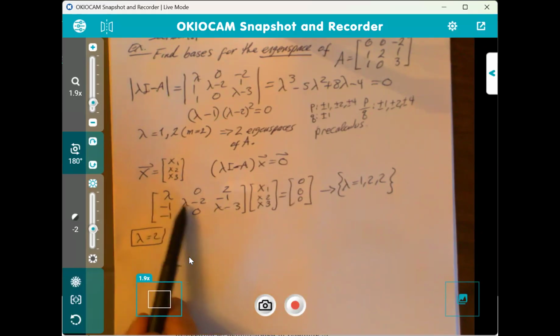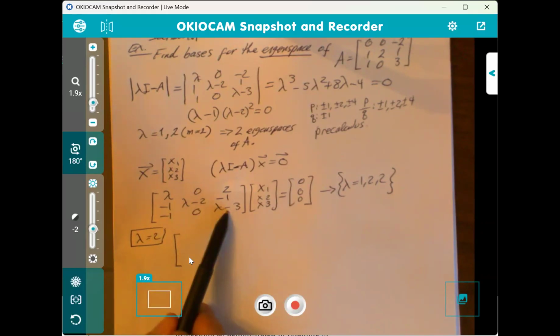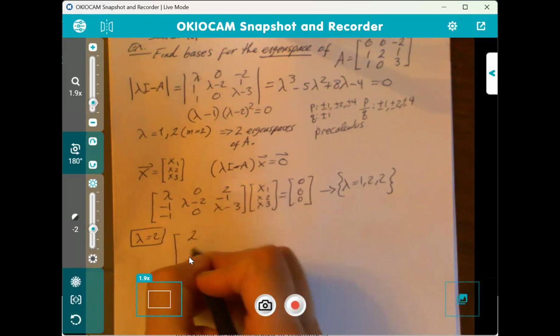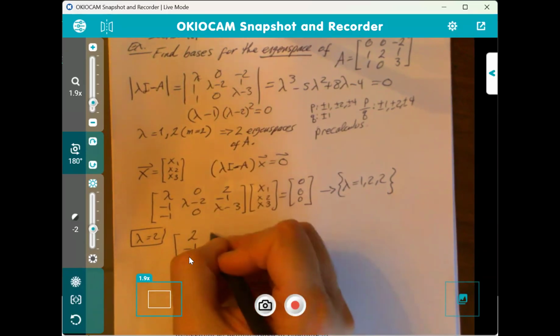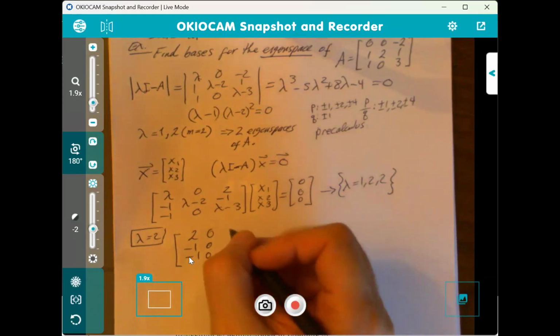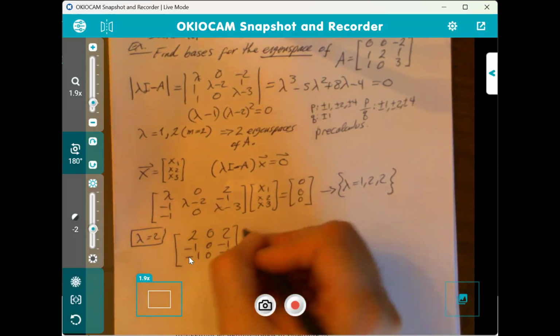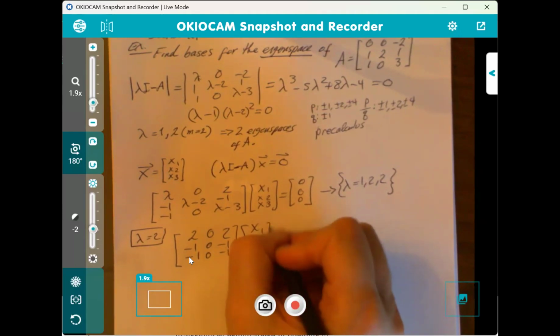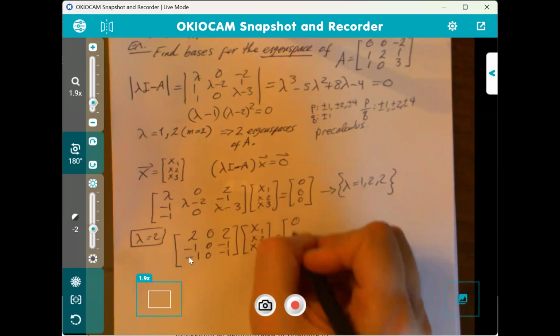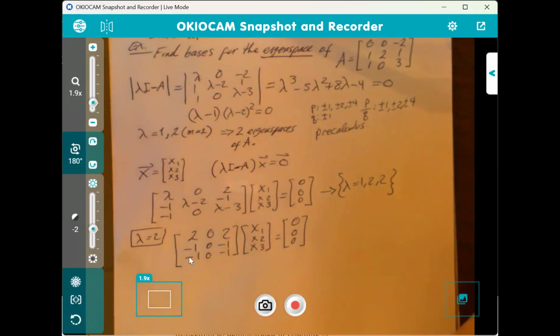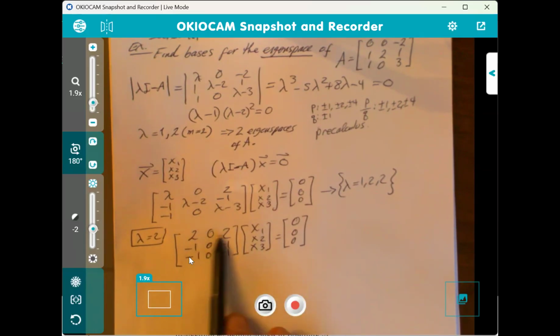This one becomes 0, this becomes -1. So the first column numbers are 2, -1, -1. Then we have a column of zeros, 2, -1, -1, times the vector of variables equals the 0 vector.